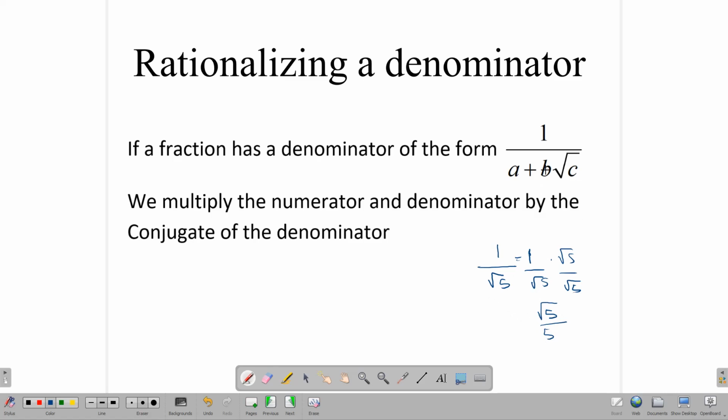But now we have a more complex expression in the denominator where we want to use the conjugate instead to multiply both numerator and denominator. If a fraction has a denominator of this form, we cannot just multiply by the square root part. We have to multiply by the conjugate of the denominator. Let's try it out.